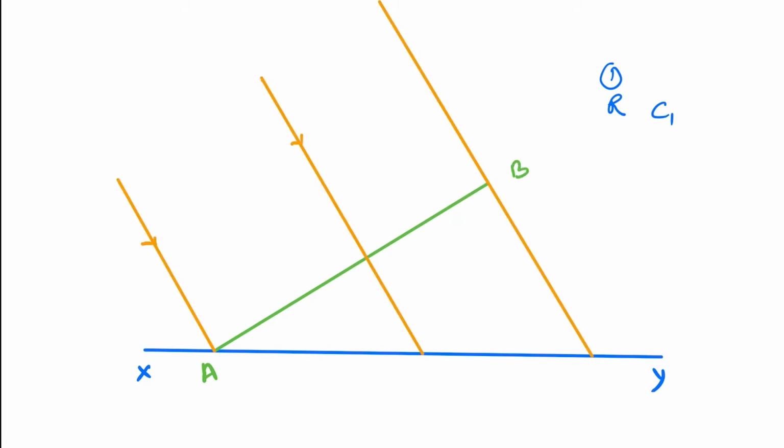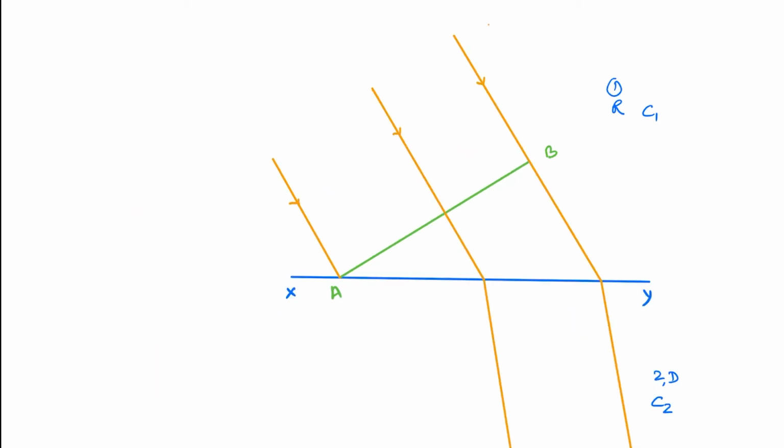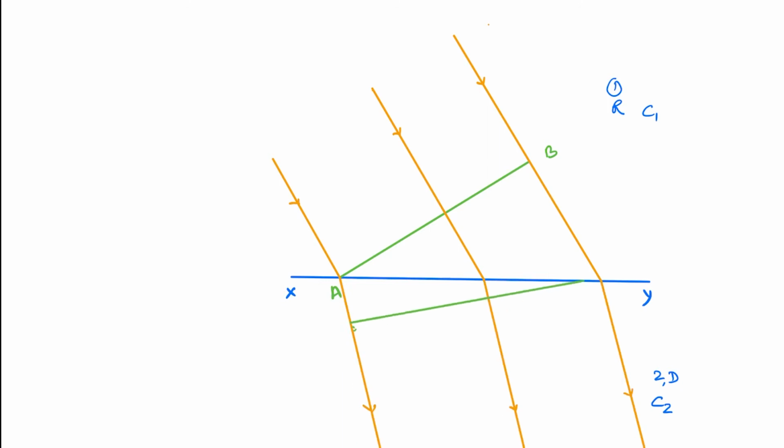These are the incident rays of light which are perpendicular to this plane. This A dash B dash is a refracted wavefront. This is the angle of incidence I, and this is the angle of refraction, equal to R.